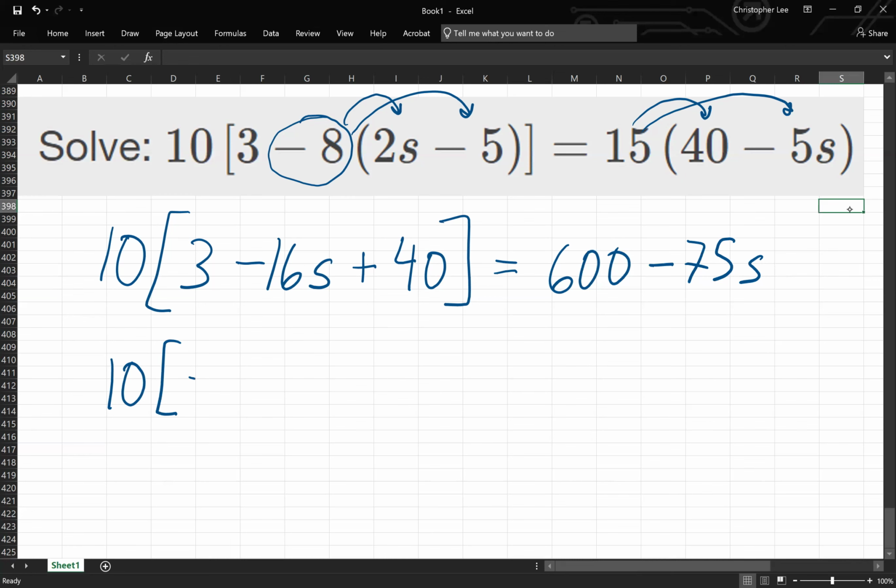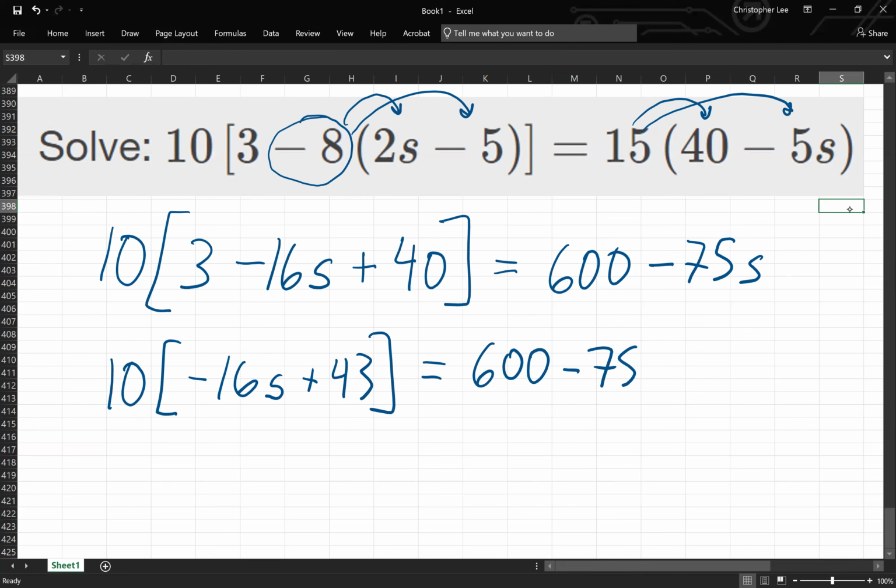So now I have -16s plus 43, close bracket, is equal to 600 minus 75s. Now listen, if you had 43 minus 16s, that's still correct. However which way you have it is good, as long as it's a -16s and a positive 43, you're good to go.